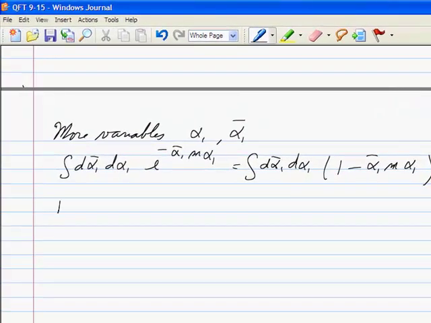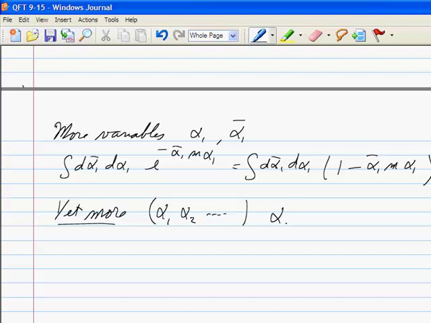Then yet more. Okay, let's take α1, α2, dot dot dot, an arbitrary number there, α1 bar, α2 bar, dot dot dot.